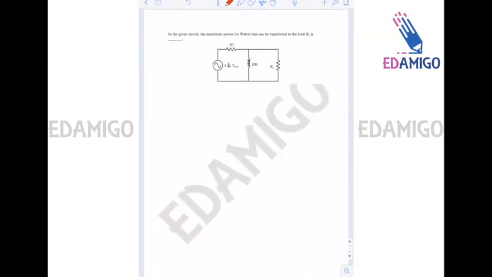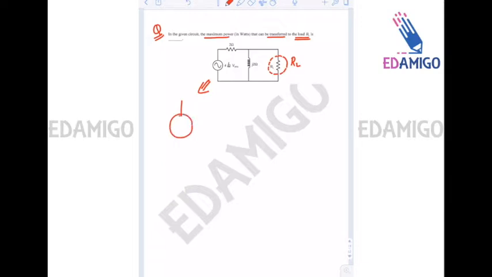Now let's solve another question. We have to find the maximum power that can be transferred to the load RL. This is your load resistance RL, and let us draw the circuit first of all.